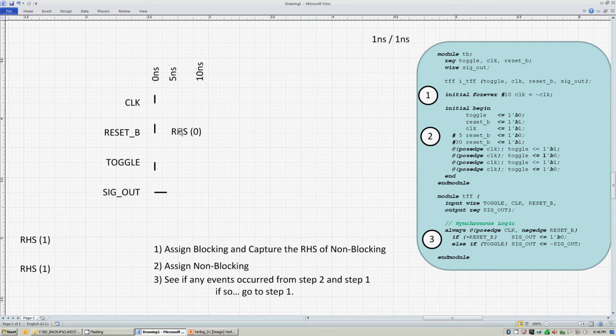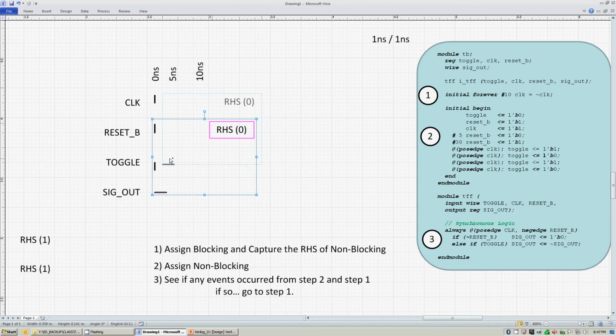During this time slice, we capture the right-hand side of reset. It's 0. Does anybody else wake up? Well, no, because there's no event happening here yet, and this is not going to happen for 10 nanoseconds. So we assign the right-hand side. We assign reset to 0.